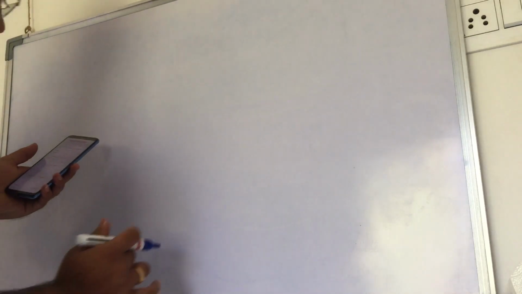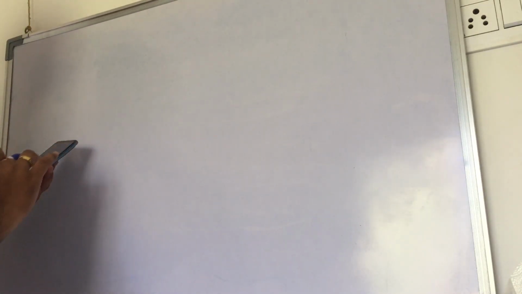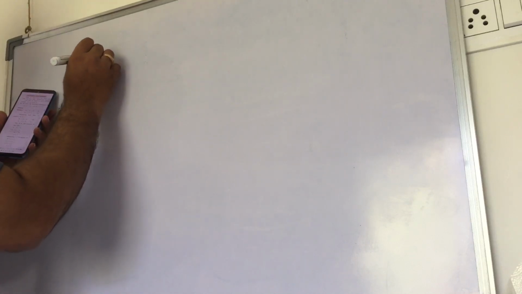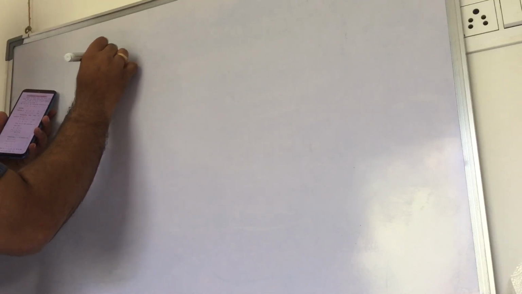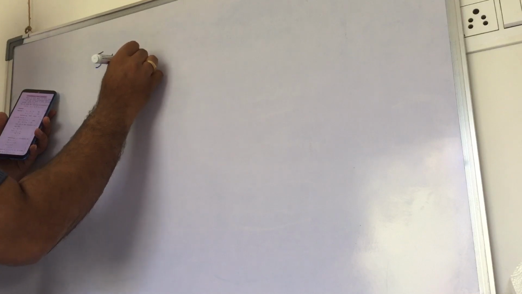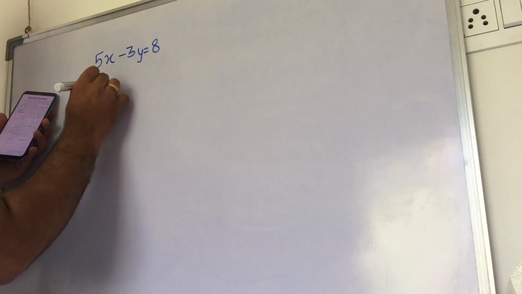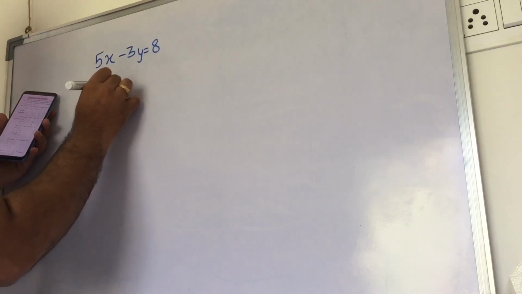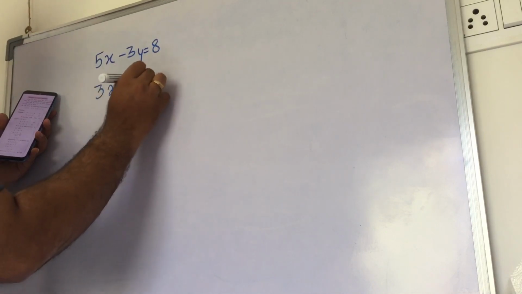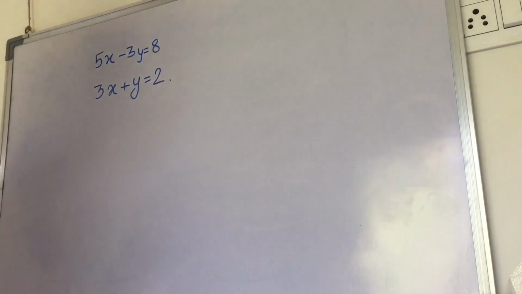So let's look at our first example here, given on page number 2: solve the following simultaneous equations. The first equation is 5x minus 3y equals 8, and the second equation is 3x plus y equals 2, right?